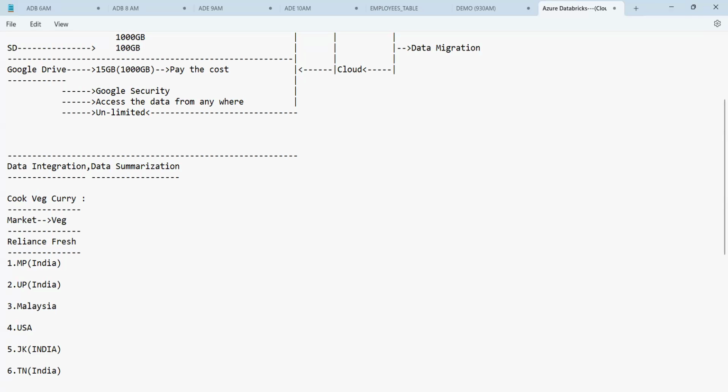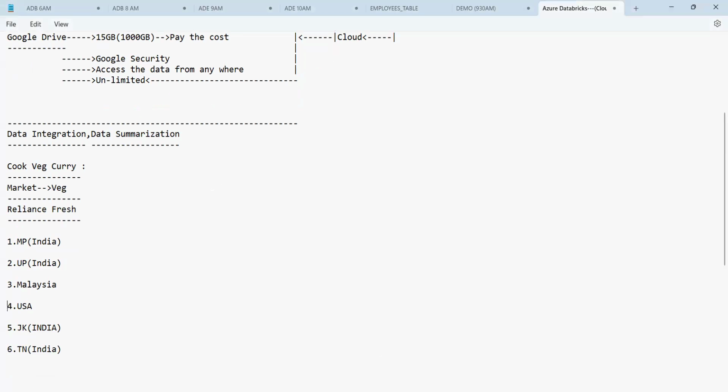So guys, let us say you have some 100 vegetables. These 100 vegetables which are available at the Reliance Fresh supermarket are brought from various locations across the globe and made available to you.